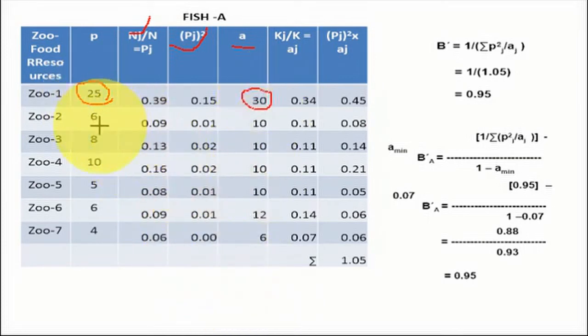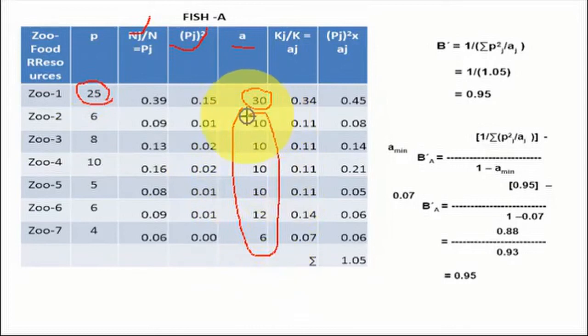And similarly 6 and 10, 8 and 10, and there are always a higher number of A compared to P, because the fish or the organism has to collect the resources from the environment, so the environment must have a higher number of organisms. It cannot be that the environment has 6 organisms and it is consuming 10. It cannot be possible.